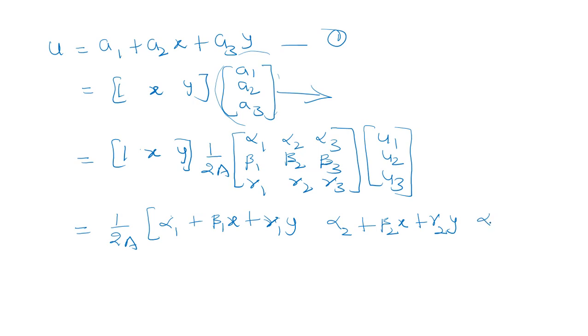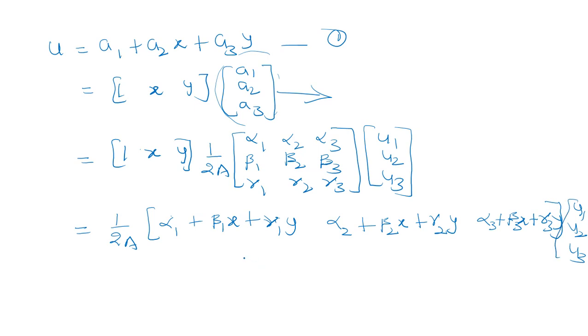Last one is alpha 3 plus beta 3 x plus gamma 3 y, then multiply with u1, u2, u3. This is the displacement component.